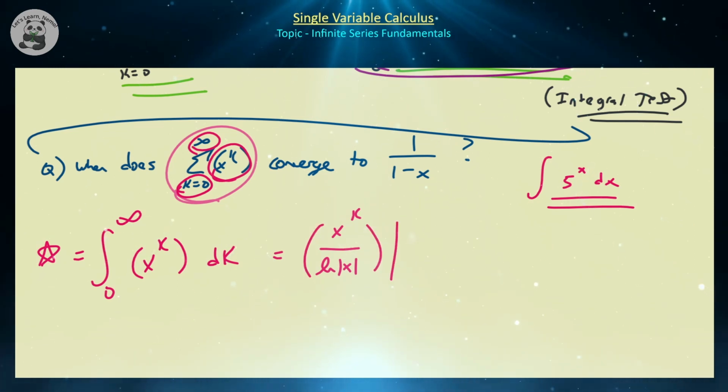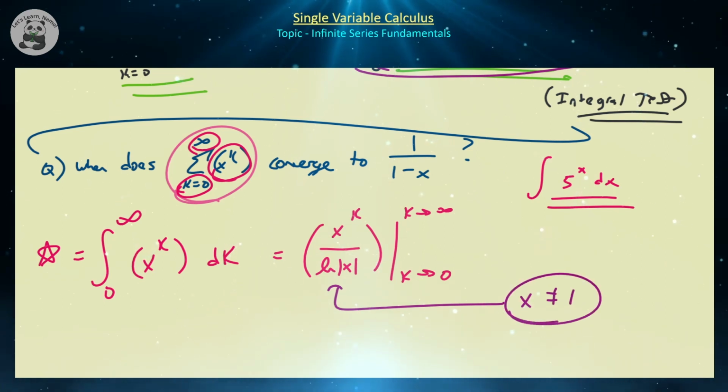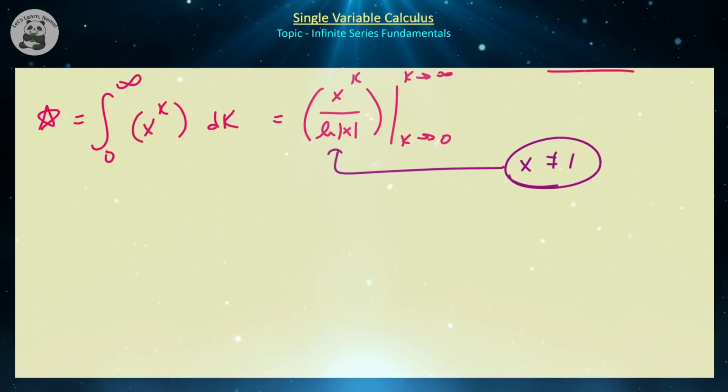And then we need to take the limit as k goes to infinity and as k goes to 0. And notice here that the natural log of x cannot be equal to 0, which means that x cannot be equal to 1, which we've already stipulated in the previous analysis. So if x is not equal to 1, then we can factor that natural log of x out because that's just a constant.